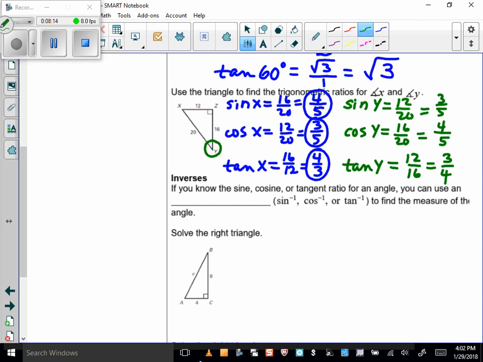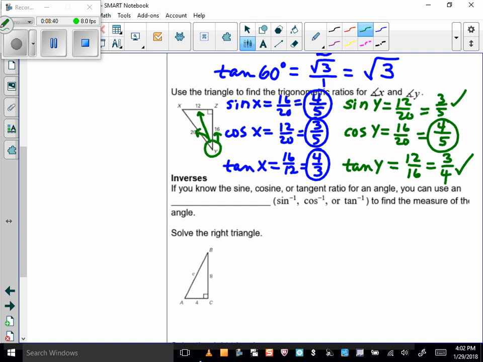So if I want the sine of it, I got to get the side opposite divided by the hypotenuse. That's 12 over 20, which is 3/5. The cosine of y is the side adjacent, which is 16 over the hypotenuse, which is going to give me 4/5. And then the tangent of angle y, the side opposite is 12. The side adjacent is 16. So when I simplify that, I'm going to get 3/4.